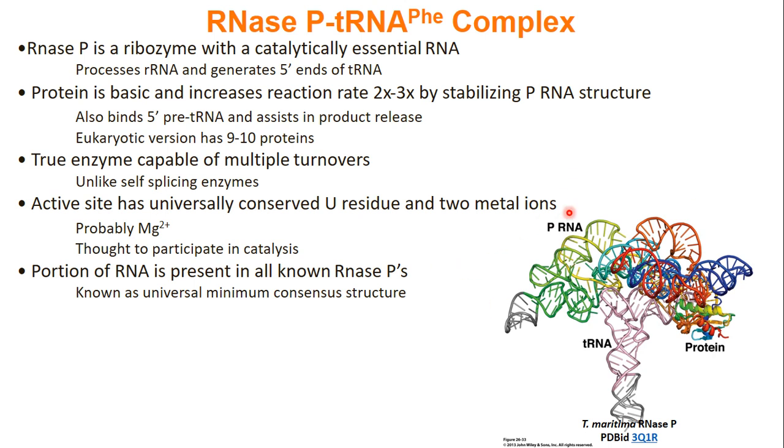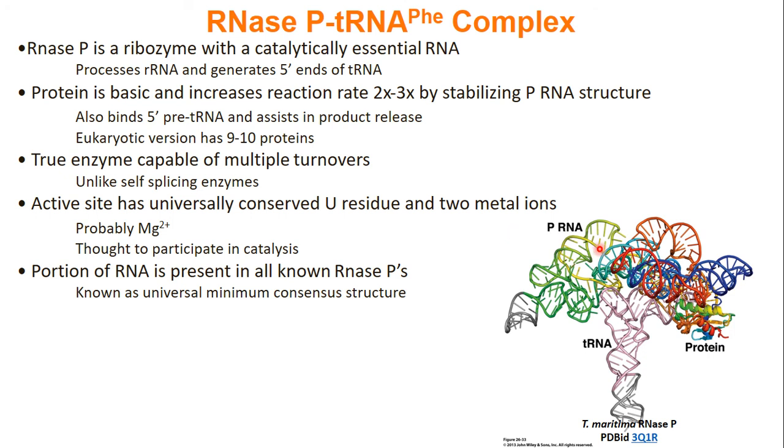And if we look at the active site of the pRNA, there are conserved U residues, and we also have two metal ions sitting there. What we know about DNA and RNA, they're probably magnesium, because that's the metal that often associates with DNA and RNA. And it's thought that these metal ions will help with catalysis.